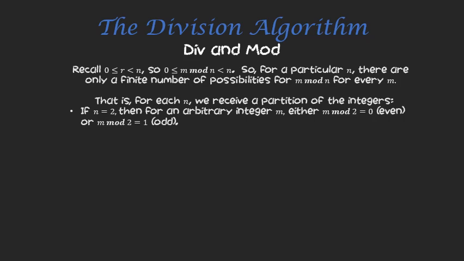But we can do this with any n. So what about with 3? Why not? There's 3 possibilities for any integer, right? Either it's divisible by 3, or it'll have a remainder of 1 when divided by 3, or it'll have a remainder of 2 when divided by 3. So I get to split it into these categories. And what that means is that this is going to be really useful for proofs by cases, that if we know what the right m and what the right n should be, we can split this into cases.